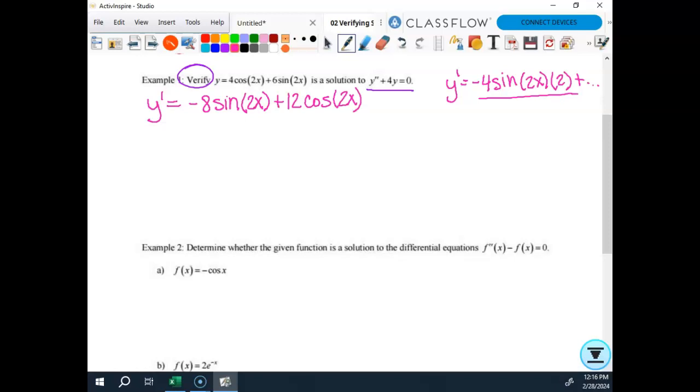All right, so then find y double prime. Did we do a little bit better on the second derivative, maybe, once we remembered that chain rule was a thing?